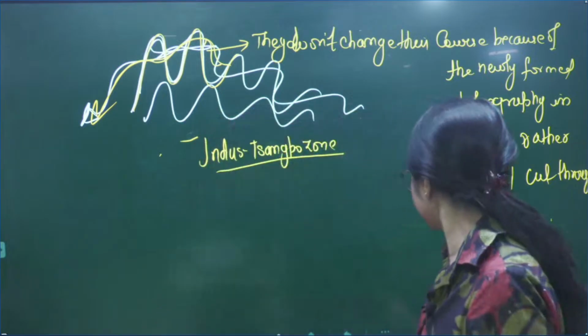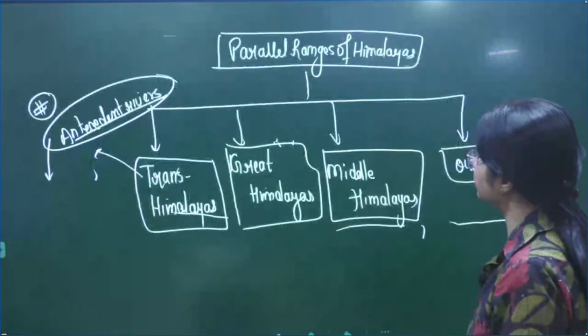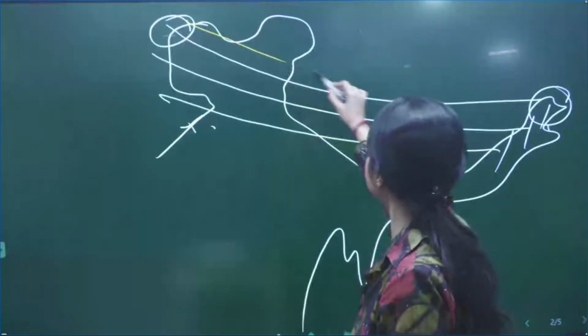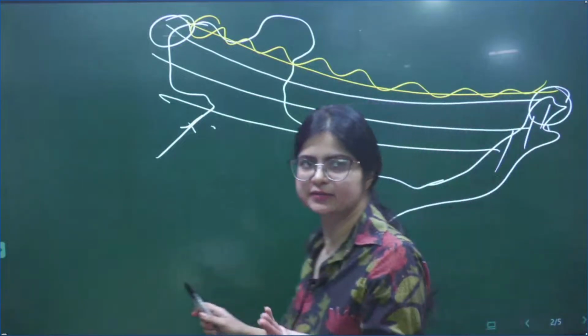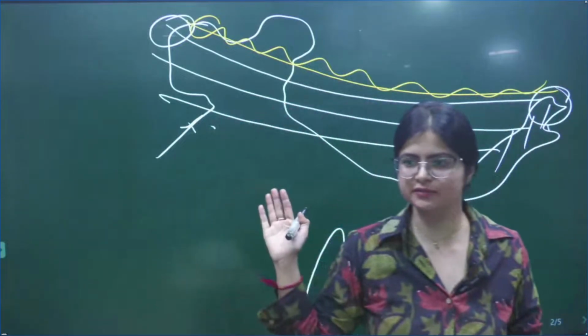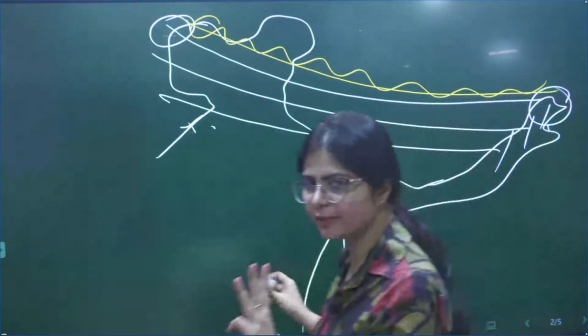Now how are they separated? If I say this is the Trans Himalayas, that means how are they separated? Do you know the area and how the Trans Himalayas are divided? How many parts do they consist of? They consist of three. In the Trans Himalayas also there are three parts. Which ones?